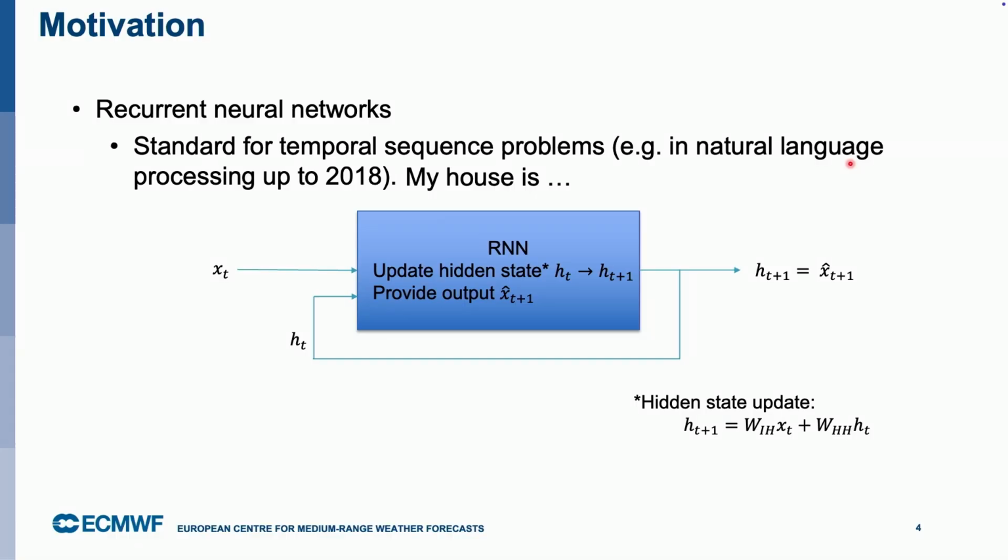So the input X in time step t is processed and comes into the neural network. Simultaneously, we have a hidden state that exists from previous time steps, and this hidden state is also combined with the current input.